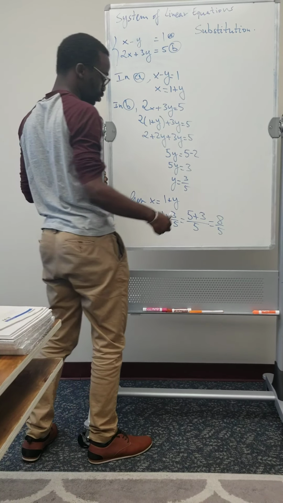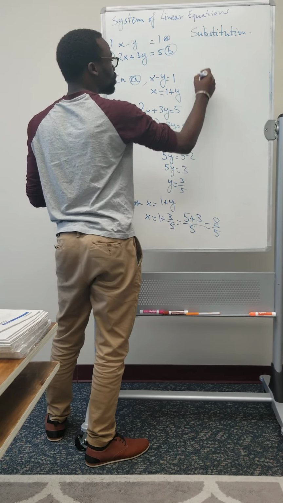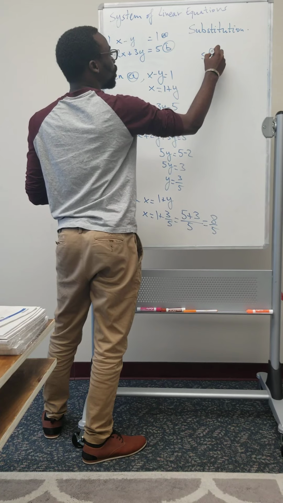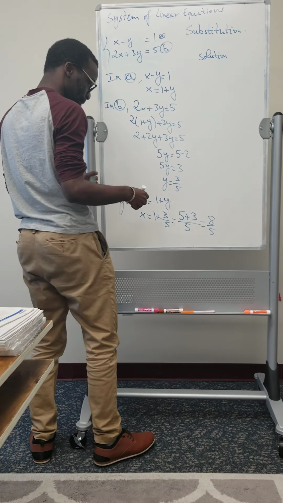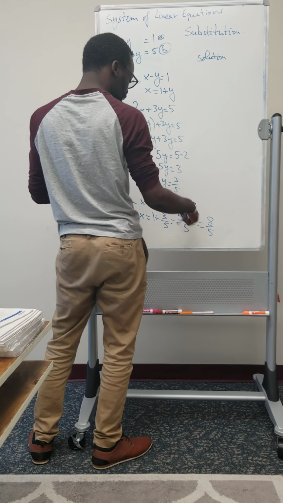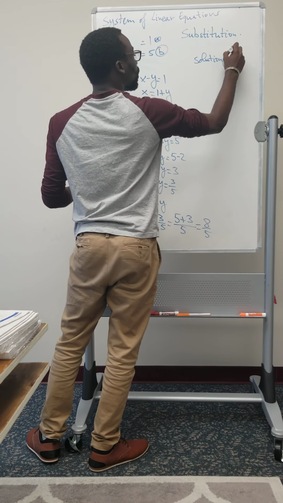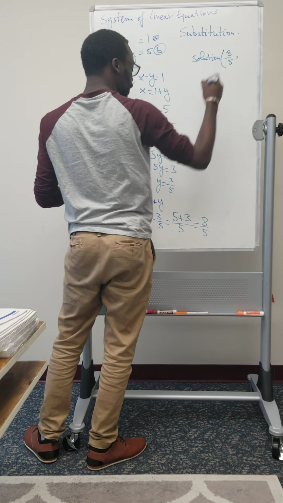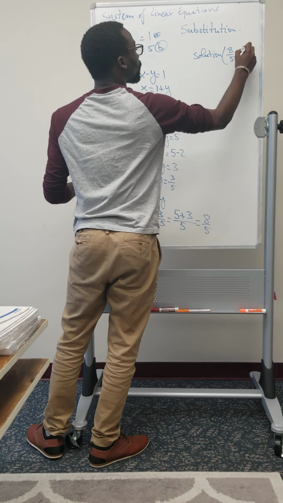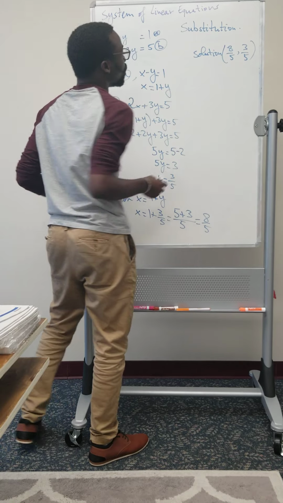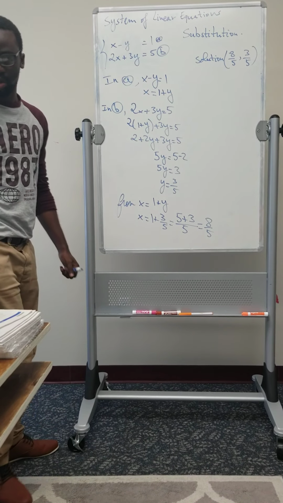So my set of solution is x and y, it's a couple. So my solution are 8 over 5 and 3 over 5. So that was for the substitution method.